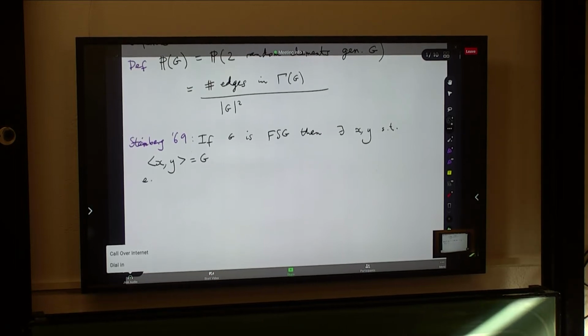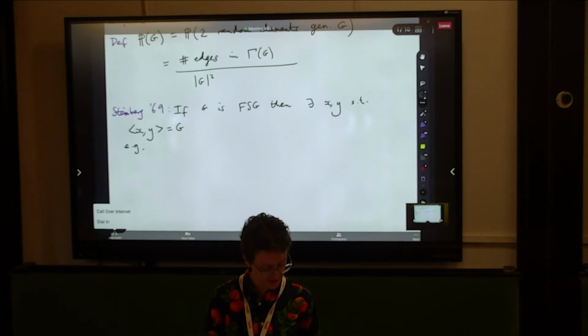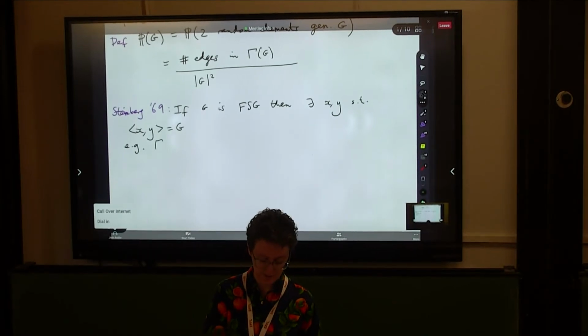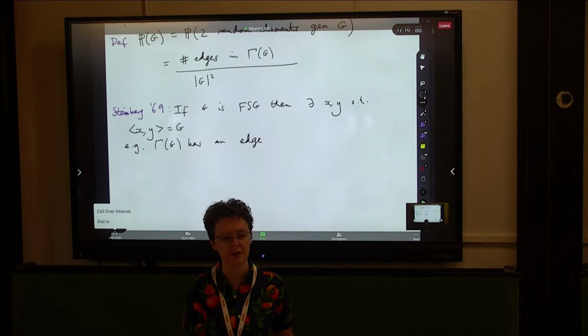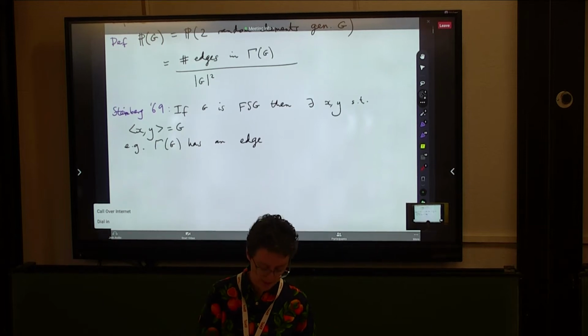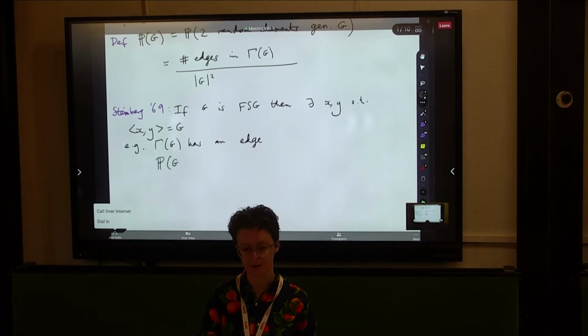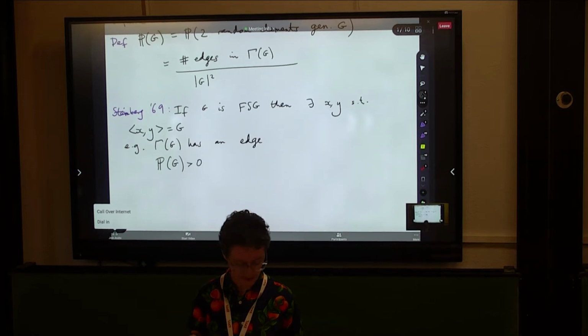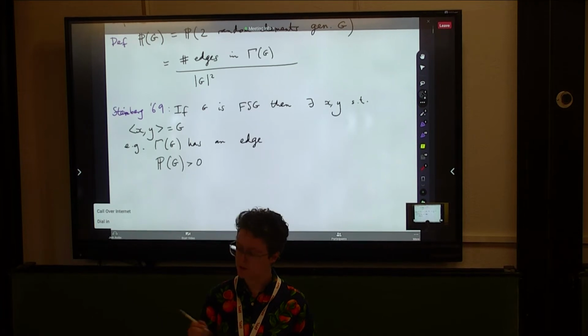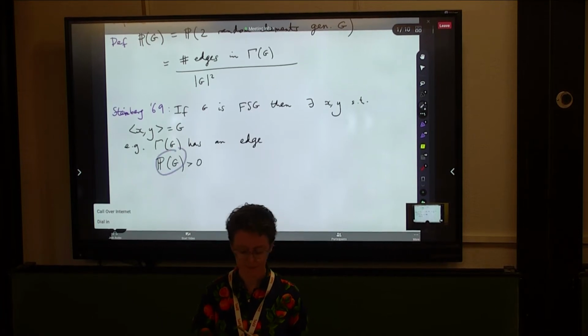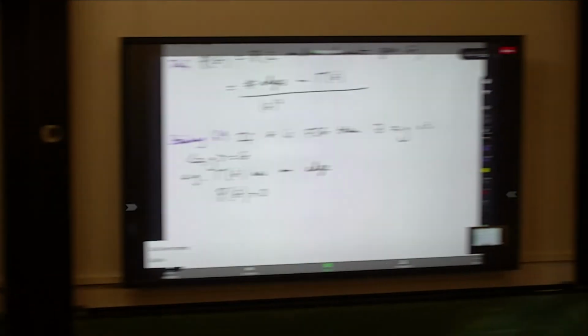Another way of saying this in the language that we have just defined is that this graph has an edge. Okay, so it makes sense to study this graph because it's not just empty. And another way to say it is, this is kind of sneaky, but the probability that two elements generate G is positive. Okay, so a natural question might be, what is this probability? And so that's what we're going to be asking ourselves.